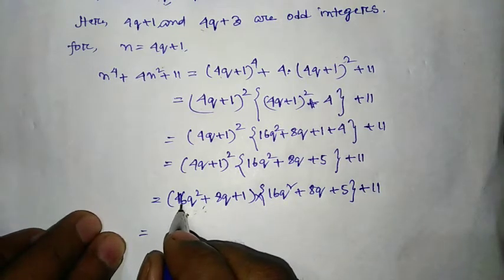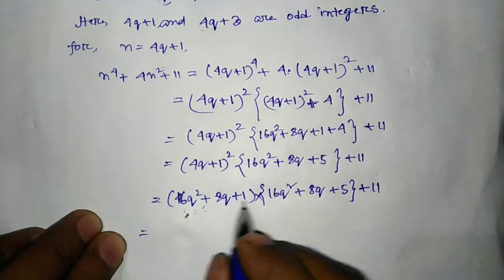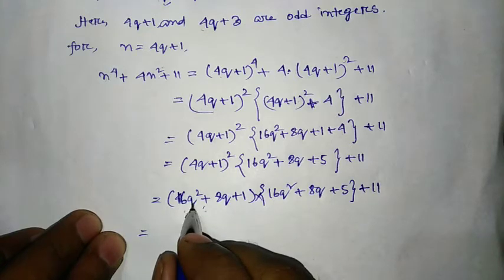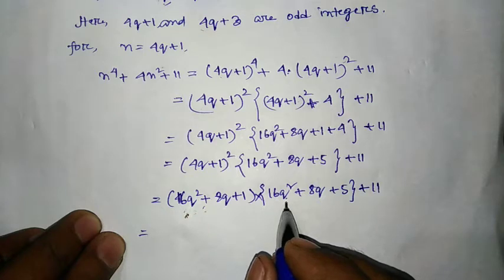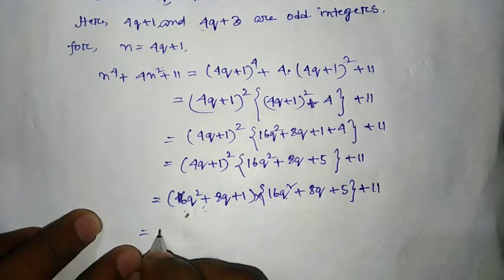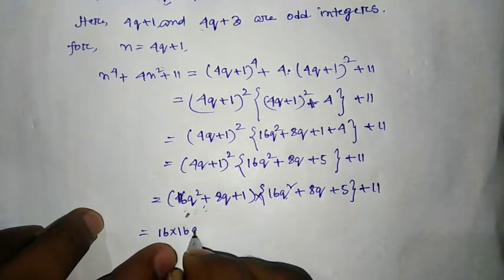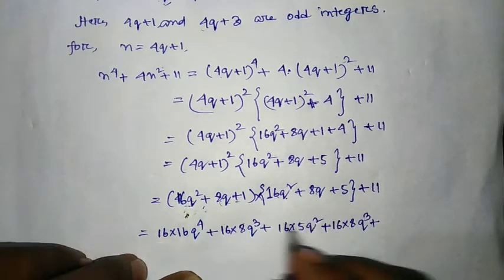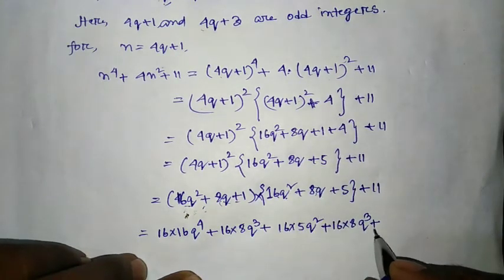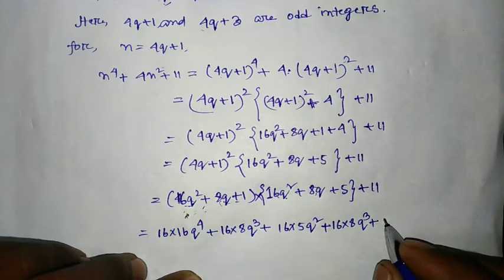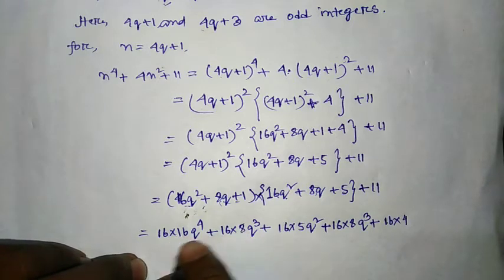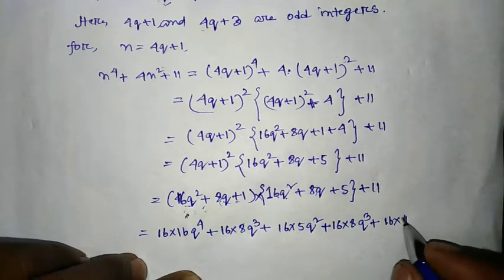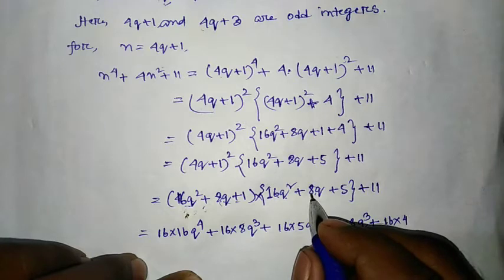If we multiply, no need to find the results, just multiply 16q^2 into 16q^2. Now 16q^4, we can write 256, or 16 into 16q^4, write like that. Then multiply 16q^2 with 8q, 16 into 8 q^3. No need to find the result. Then 16q^2 into 5, that means 16 into 5 q^2.